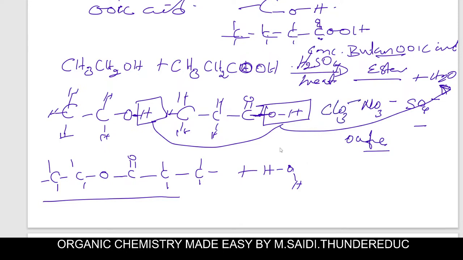Whenever you add this "-ate", I don't mean the past tense of eat, ate. No, I'm talking about the negative. So it means that this is a species which is negative in nature.